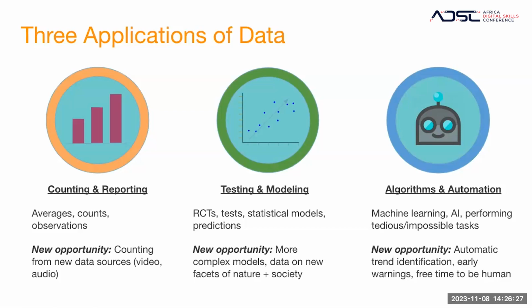First, counting and reporting is an essential first step for all organizations on a data science journey. And this can be data science if you're using unique new data sources or video or audio images. Next, testing and modeling is popular for predicting the future or identifying the impact of a program, for example, with a randomized control trial.